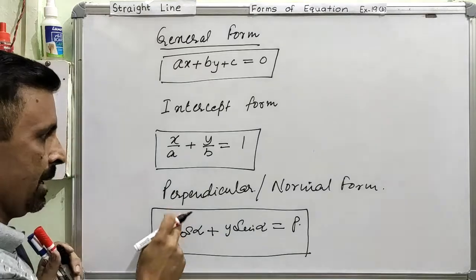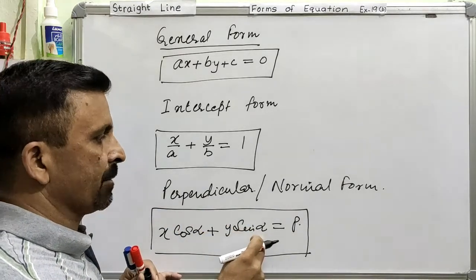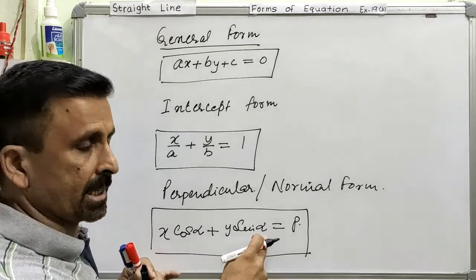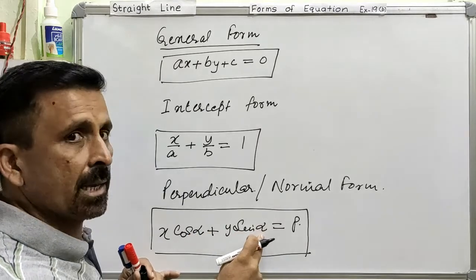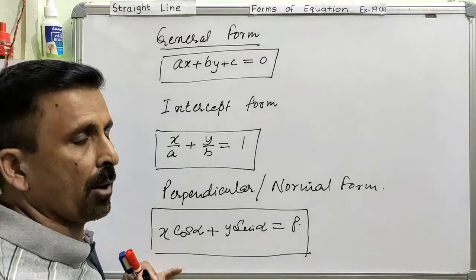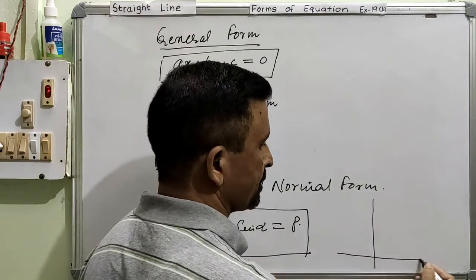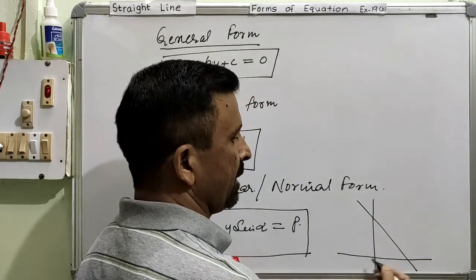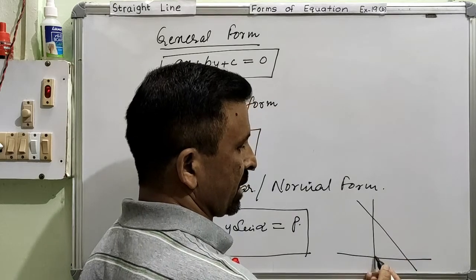Clear? In the perpendicular form, alpha is the angle made by the line with the x-axis. So that angle we denote here as alpha, and p is the perpendicular distance of the line from the origin. Suppose you have this coordinate system and you draw the line on it.